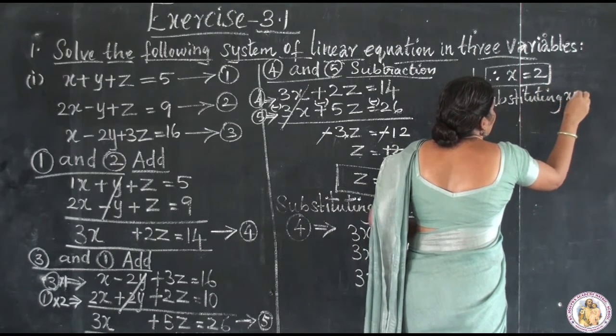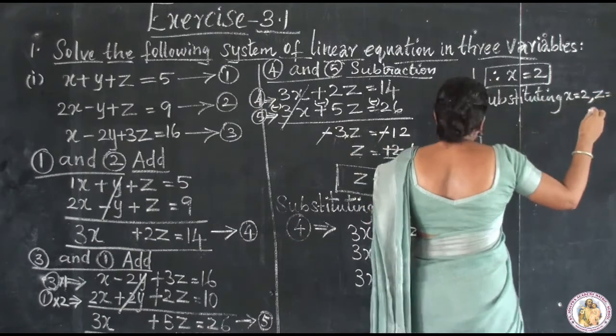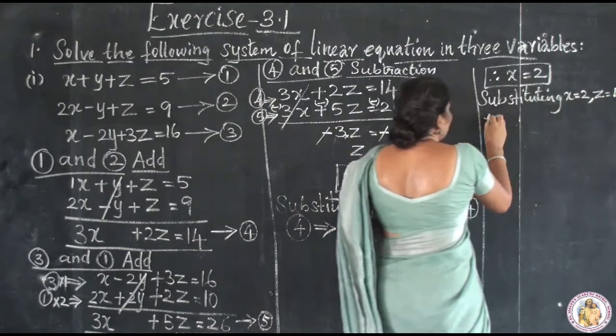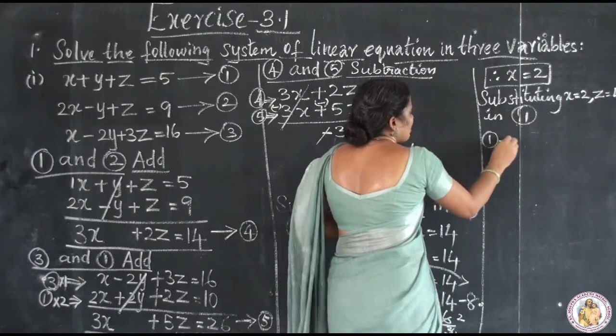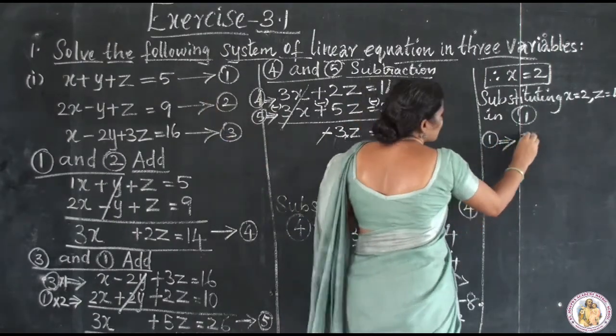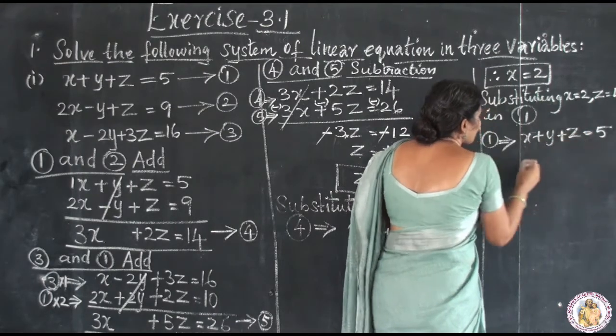Substituting x is equal to 2 and z is equal to 4 in the first equation.